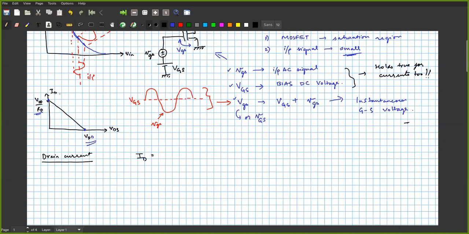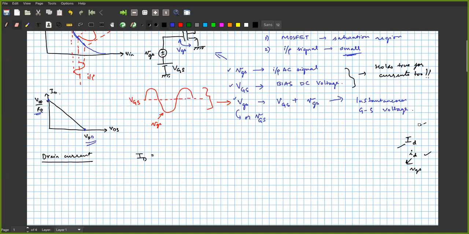When I write capital ID, this is the biased drain current. When I write it like this, this is actually the drain current associated with the voltage source, small vgs. This capital I and small d is actually the sum of these two.